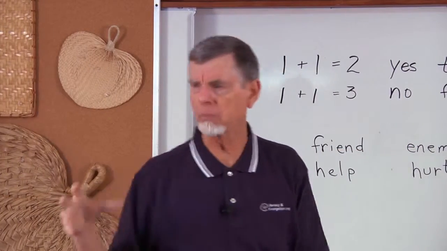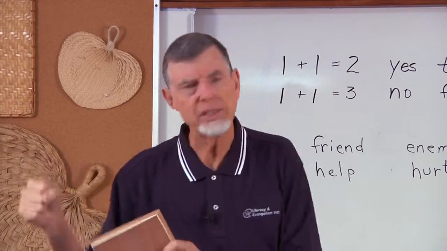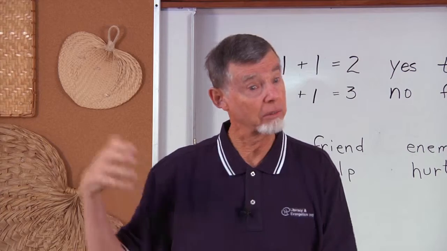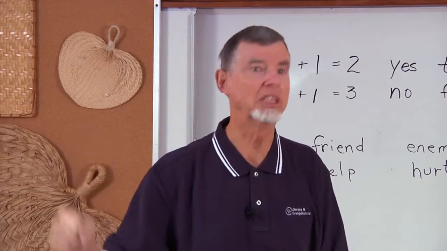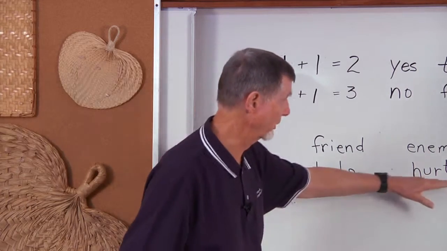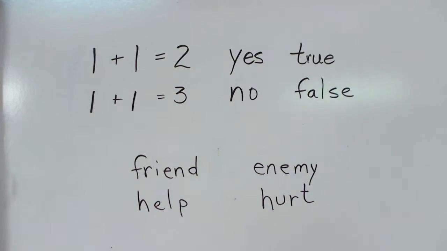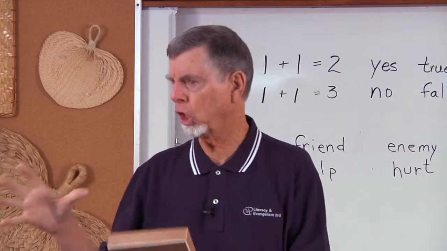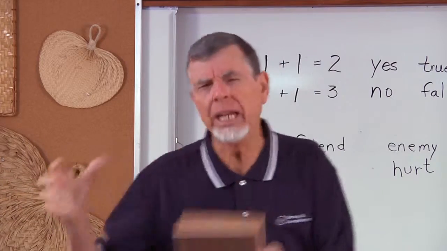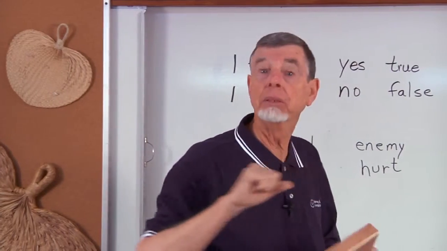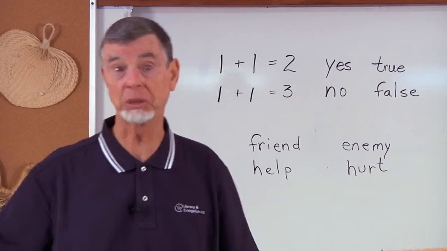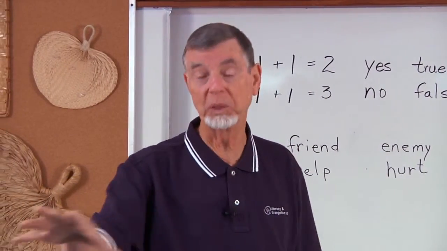An enemy is someone who is against you. So you have to find a way of demonstrating an enemy, and sometimes they use punching something, and that's what they try to do with hurt as well. What you want to do is show that an enemy is angry at them and hisses, and they turn their back on them, and you want to really exaggerate so that your students really gain the concept.